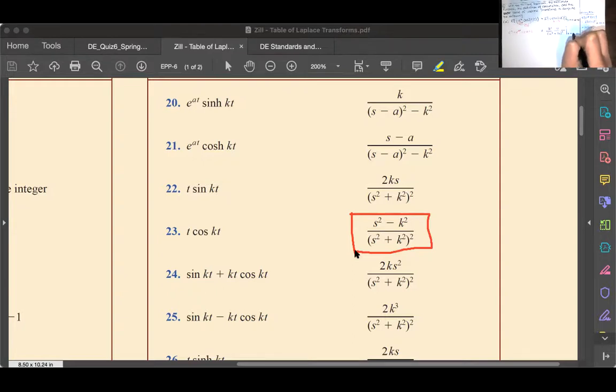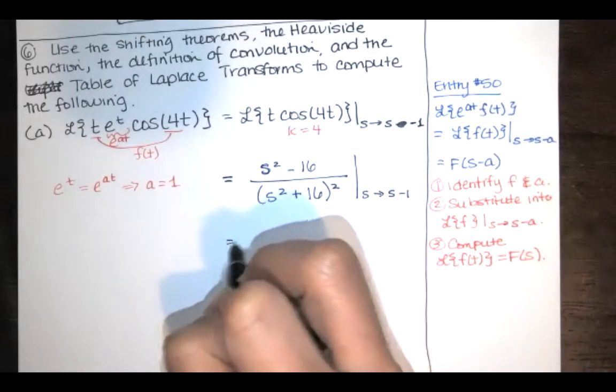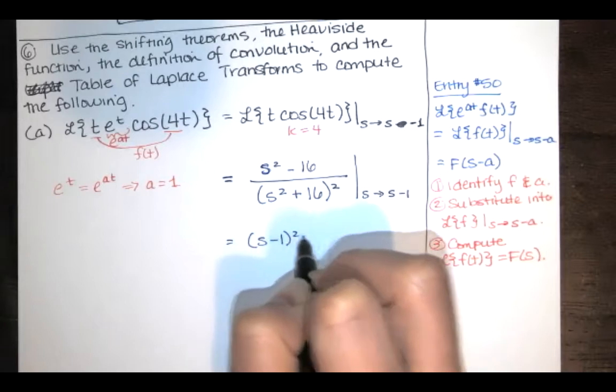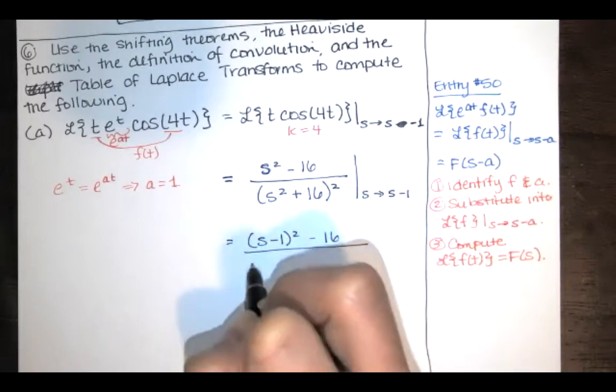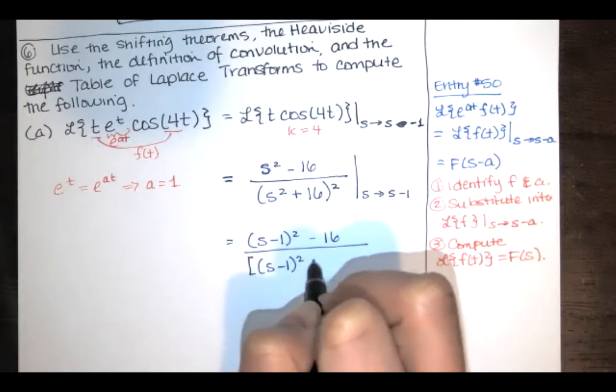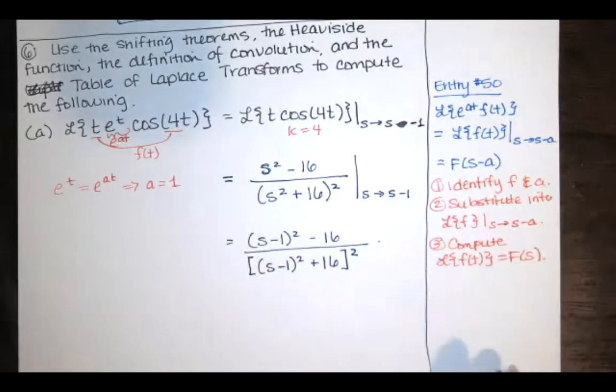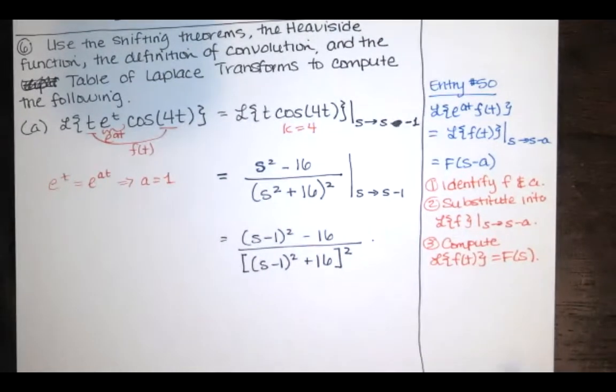So I'm just applying that rule. And then I'll just replace all my s's with s minus 1s. So I've got s minus 1 squared minus 16 over the quantity s minus 1 squared plus 16 quantity squared. And that's the answer for part A.